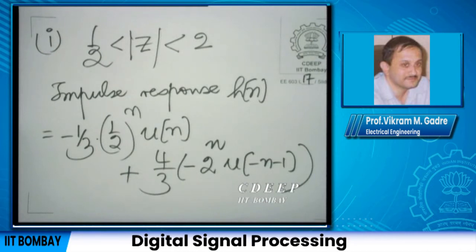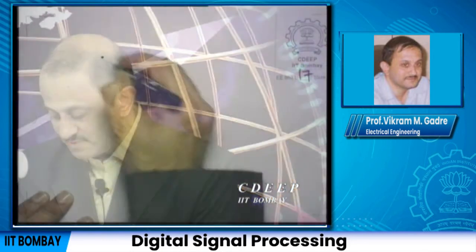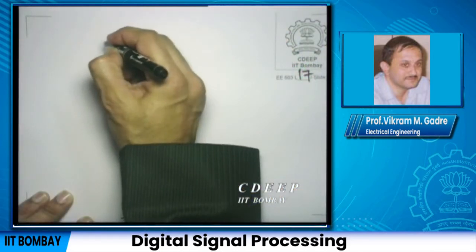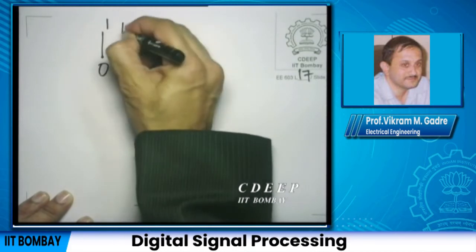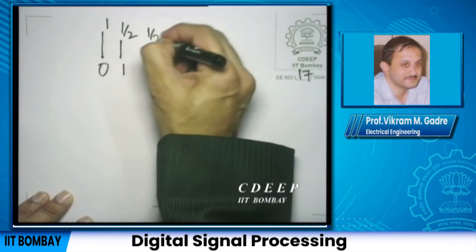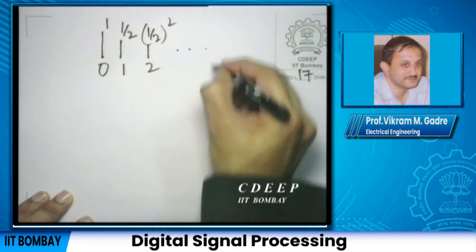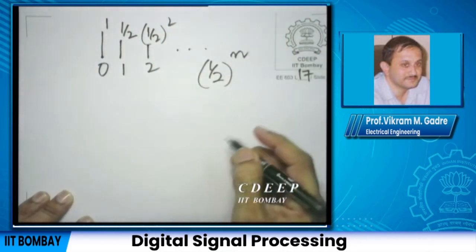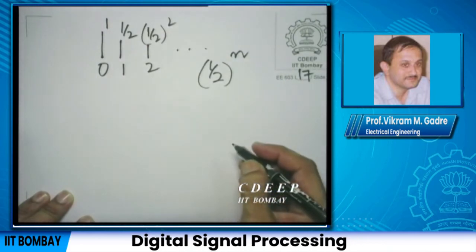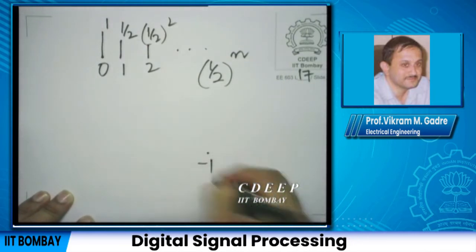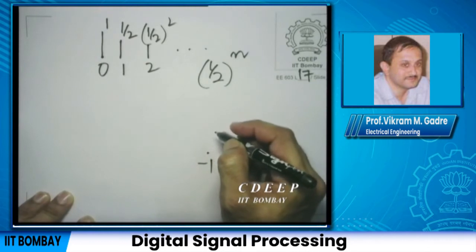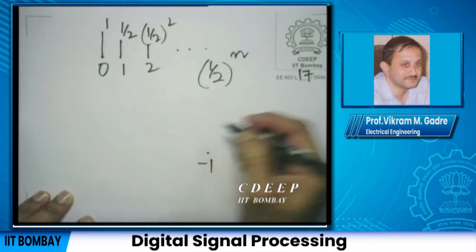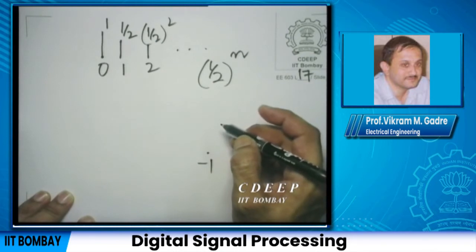In fact, let us sketch this impulse response sequence to get an understanding. You see, half raised to the power of n starts from 0. So, you have 1, half, half squared and so on. This is half raised to the n. Similarly, 2 raised to the power n u minus n minus 1 begins at minus 1, and at minus 1 it takes the value minus 2 raised to the minus 1.